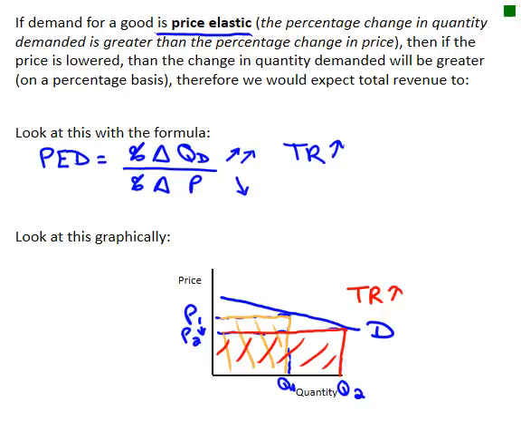This is Q1. So our initial total revenue was P1 and Q1. So that's this. And our new revenue is now all the way over here and all the way over here. So you could also tell by the shaded total revenue boxes that total revenue increased.